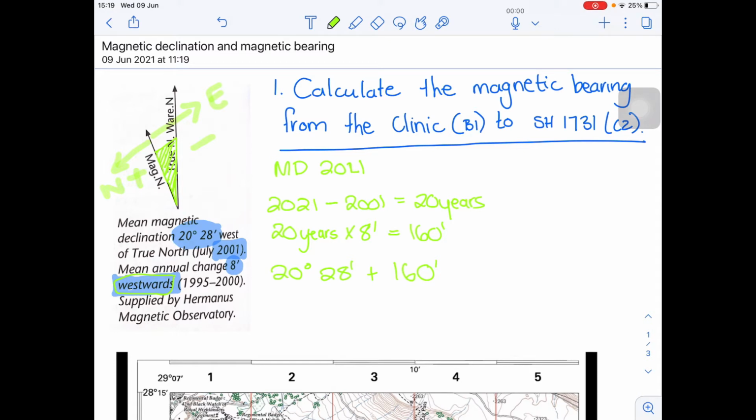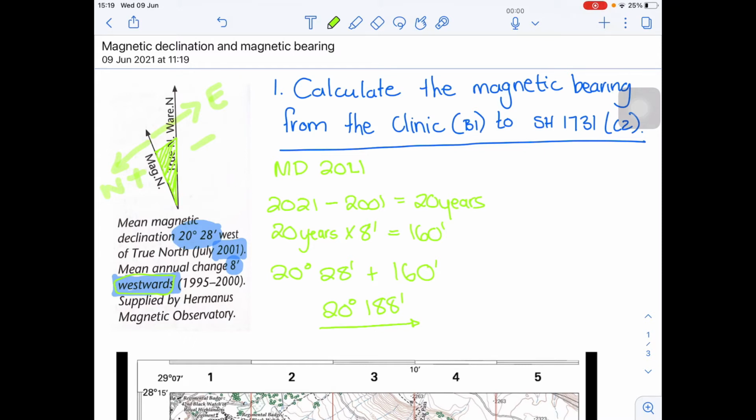So you've got to do minutes with minutes, so don't plus the minute change to the degrees. So 160 minutes plus 28 minutes gives us 188 minutes. So we've got 20 degrees and 188 minutes. Now you in essence could leave it like that, but it's incorrect to have your minutes going over 60 minutes, because we know that 60 minutes represents a degree.